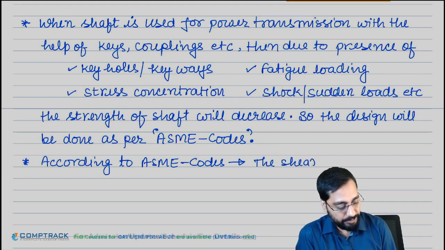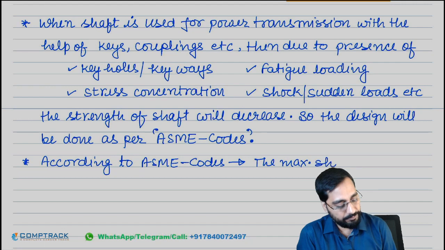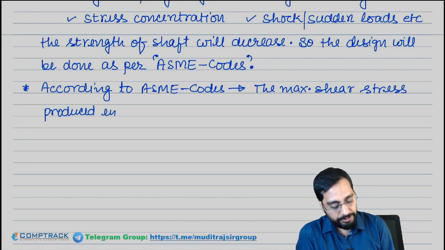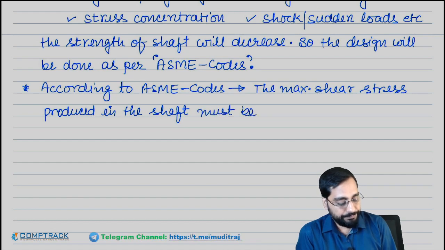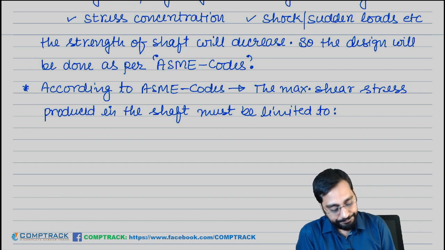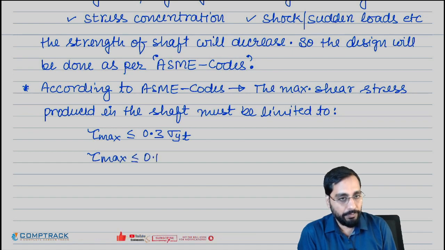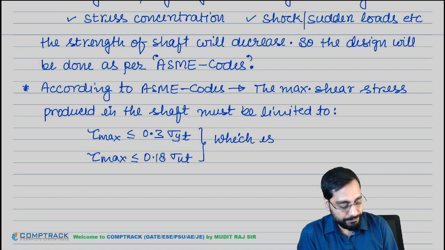the maximum shear stress produced in the shaft must be limited to: tau max must be less than or equal to 0.3 times sigma yt, or tau max must be less than 0.18 sigma ut, whichever is minimum.